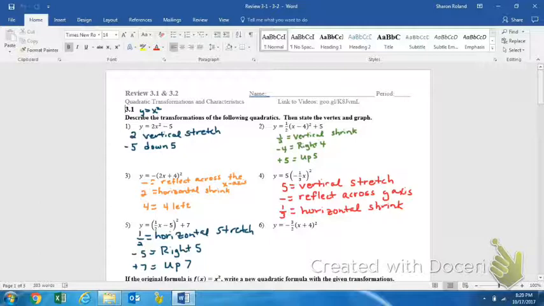When we go to number 6, you have a negative, you have the 3 over 2, and you have the 4. The negative is in front of the function, so it's going to reflect across the x.